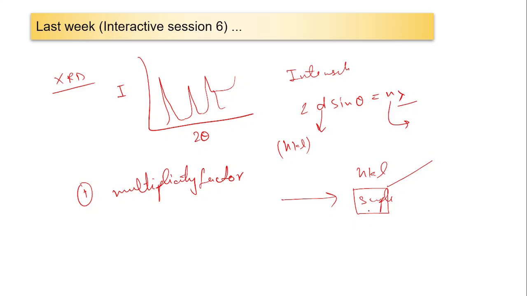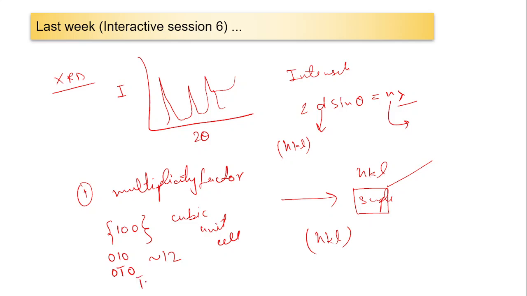And why the intensity of some hkl planes is more than others is because, as we had seen, if I have a family of 100 planes for a cubic unit cell, then this family has about, I think, 12 planes: 100, 010, 001, 1 bar 0 0, and so on.